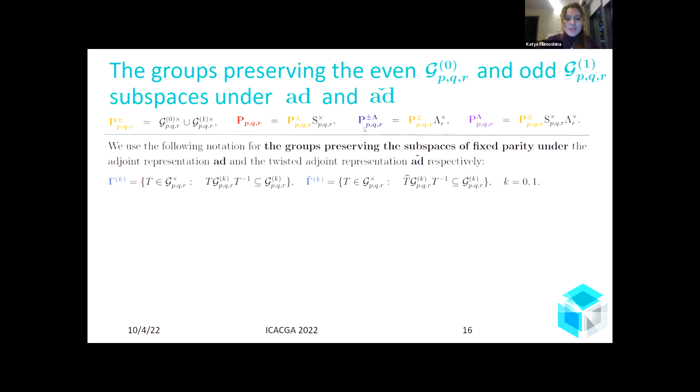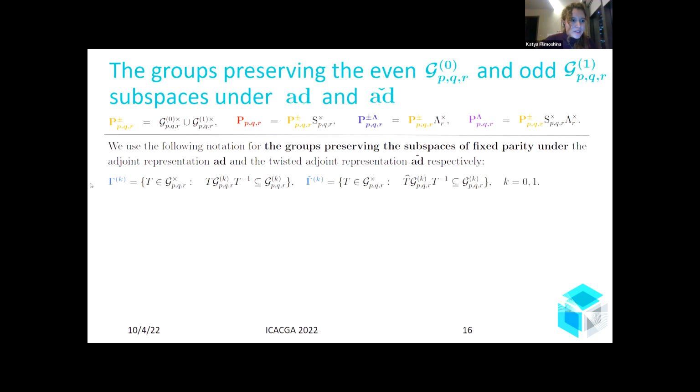So we have introduced the four types of Lie groups P. At the top of the slide, you can see the definitions as a reminder. Now we want to show the relation between these four types of groups and the groups preserving the even and odd subspaces under the adjoint and twisted adjoint representations.